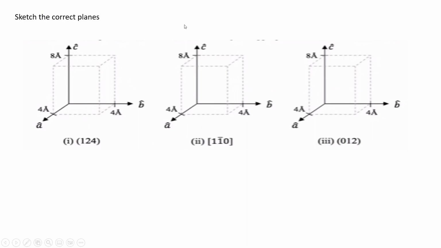It's very easy. Sketch the correct planes. From the Miller indices which are given, you have to find the correct plane accordingly.